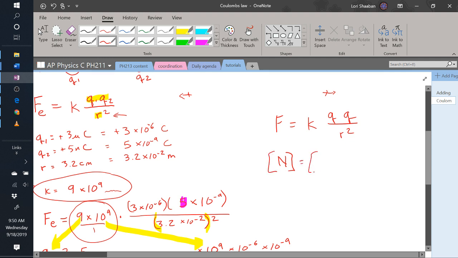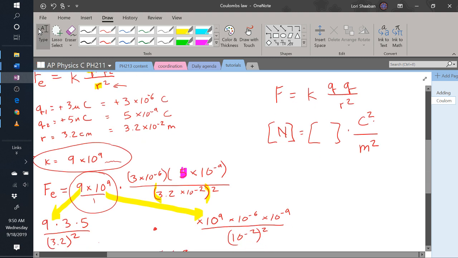We don't know the units for K. We know coulombs times coulombs, let's just say coulombs squared, and radius is in meters squared. So in order to make all of these units come out, I'll put these in brackets because I usually do that with units. In order to make this turn out, we would need newtons divided by coulombs squared times meters squared.